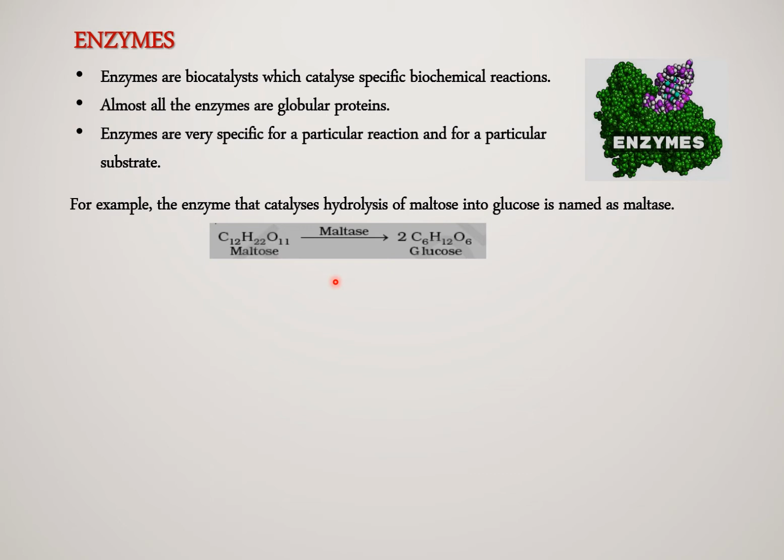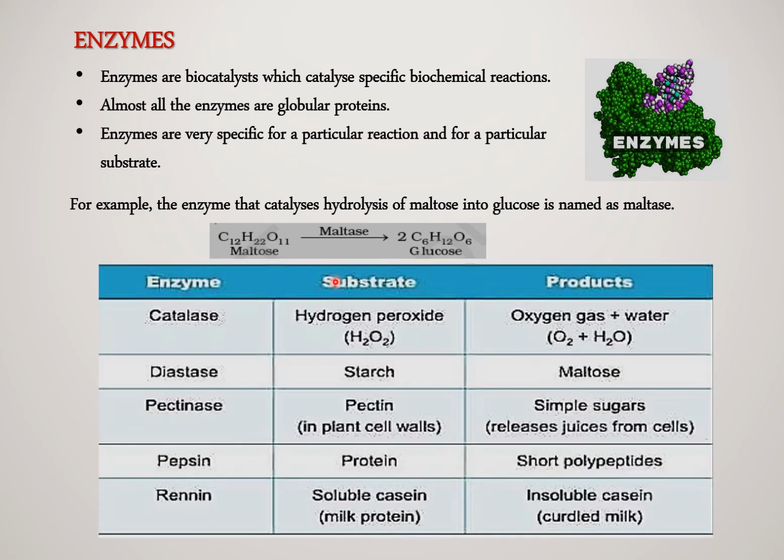But if you go for acid hydrolysis of sucrose, which you can do in the laboratory or at home, it requires a high energy of activation, approximately 6.2 kilojoule per mole. So what does this tell us? It tells us that enzymes increase the rate of the reaction by lowering the energy of activation.